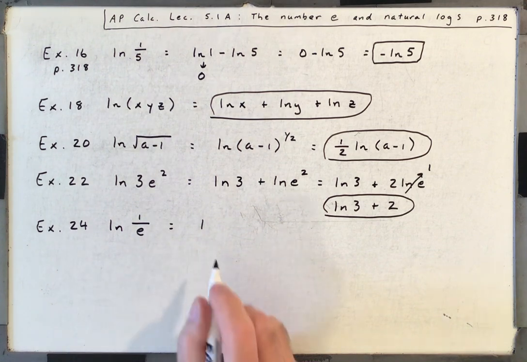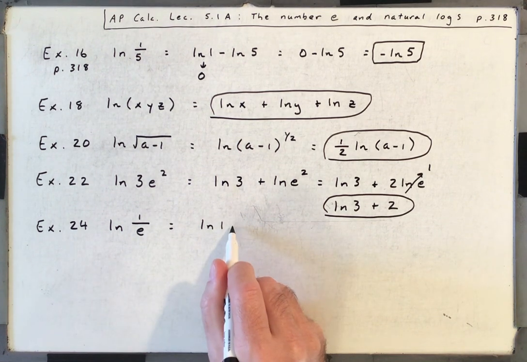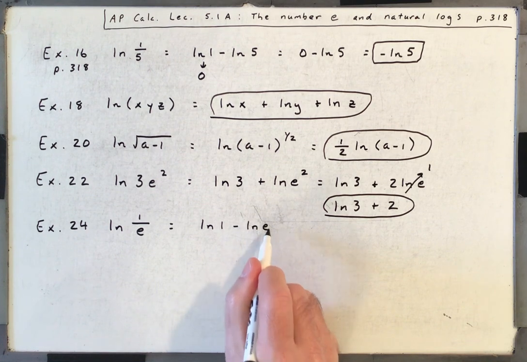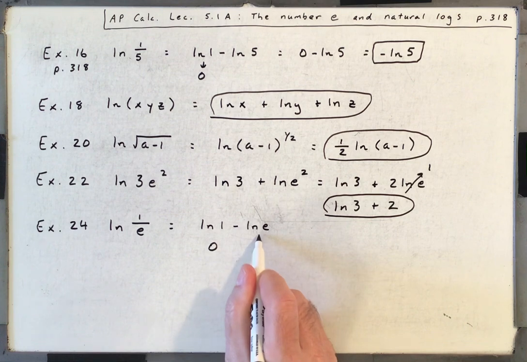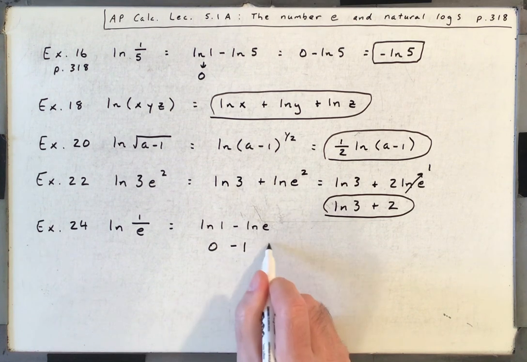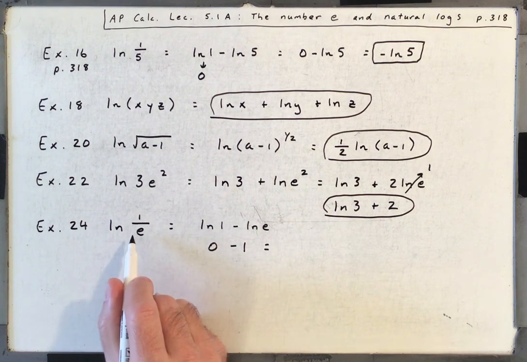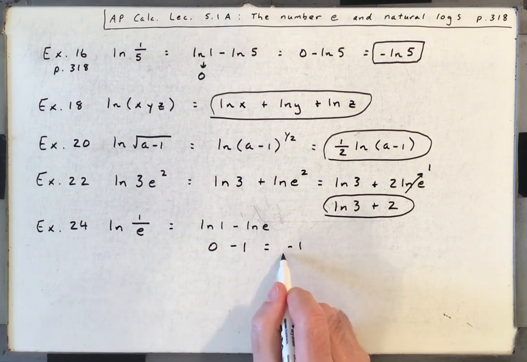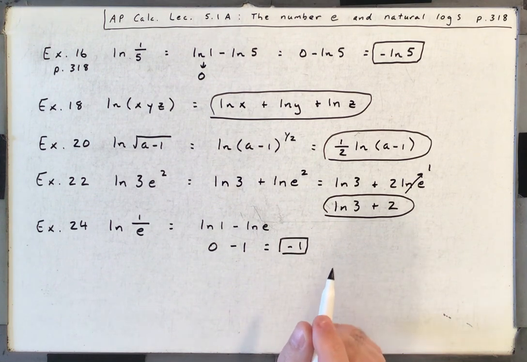If it's a quotient, we can turn it into a difference. So that's the natural log of 1 minus the natural log of e. We know that the natural log of 1 is 0, and the natural log of e is 1. So that's just a fancy way of saying negative 1, isn't it? All right, pretty cool.